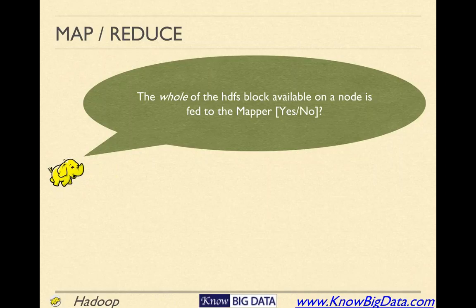As we talked about earlier, the file is split into blocks, and while we run MapReduce, our mapper will be executed near the block, preferably on the same node as the block. So is this whole block fed to the mapper, or only part of it? Anybody?